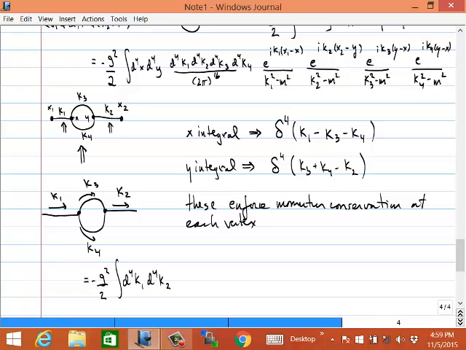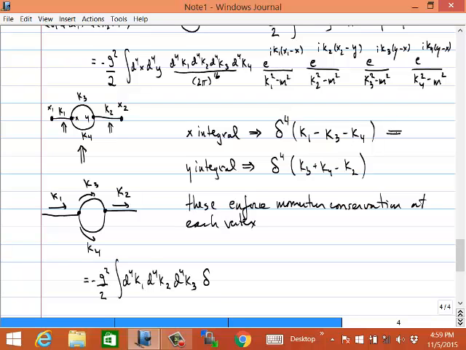I'm going to use one of those delta functions to do, say, the k4 integral. So we're left with an integral d4k3. We've used one of the delta functions to do the k4 integral, and you're left with one other integral.